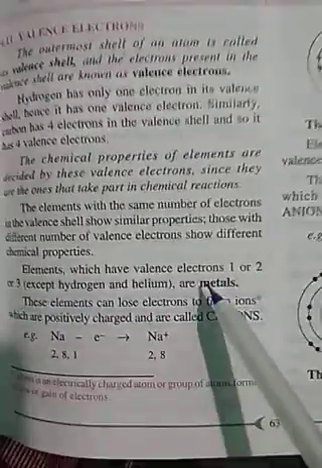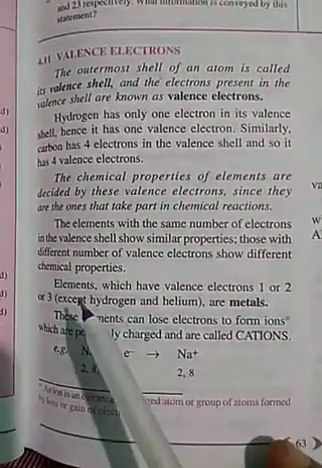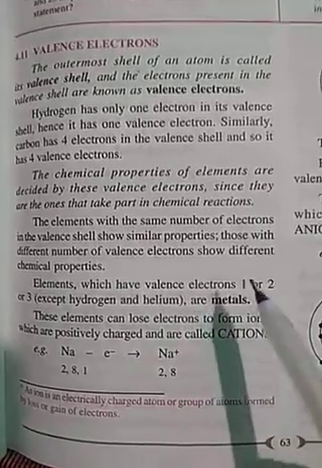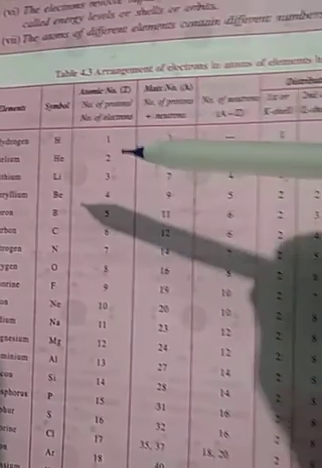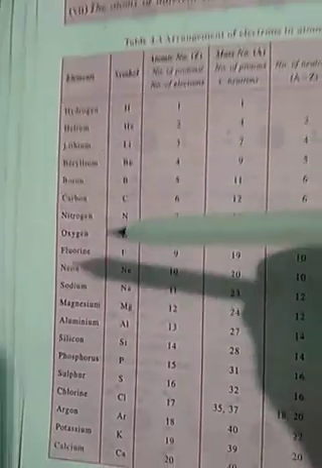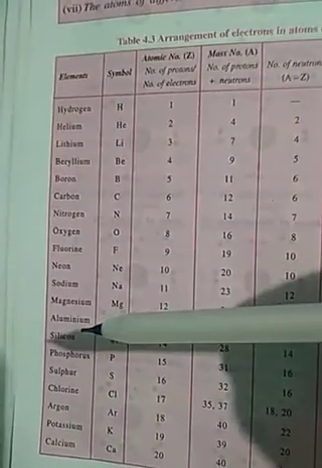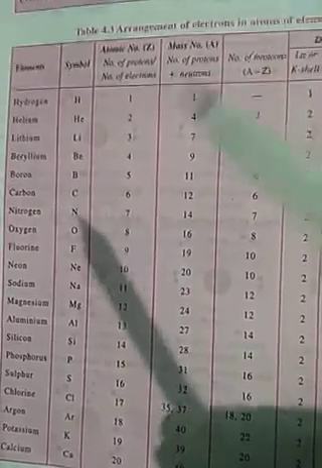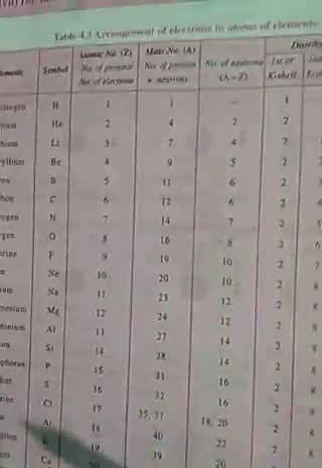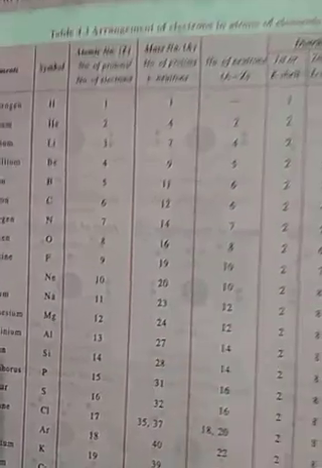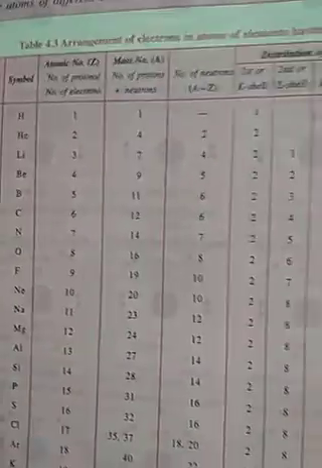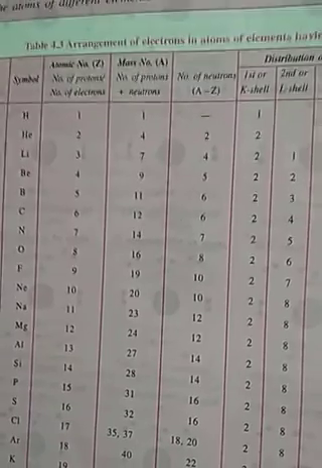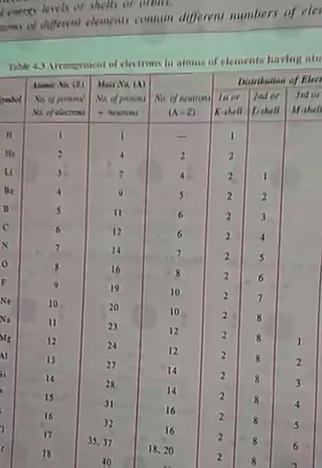Elements which have valence electrons 1 or 2 or 3, they all are metals. If you see here, these are the elements. Here are some metals and some metals. All the metals have only 1, 2 or 3 electrons in the valence shell, but the non-metals like carbon have 4 electrons.